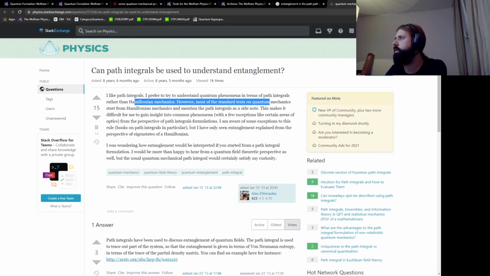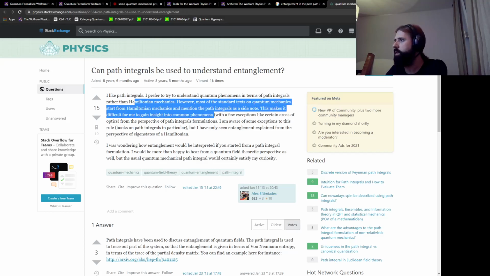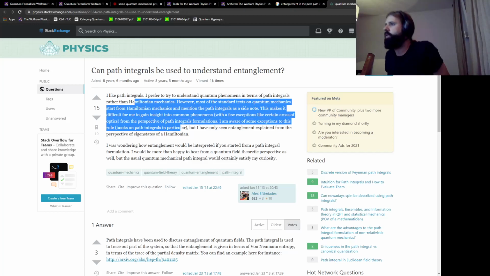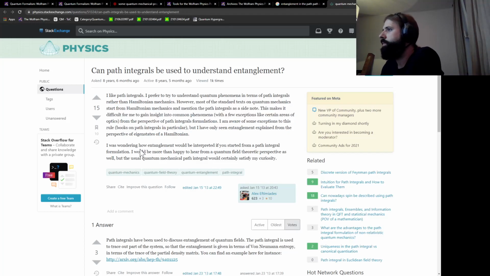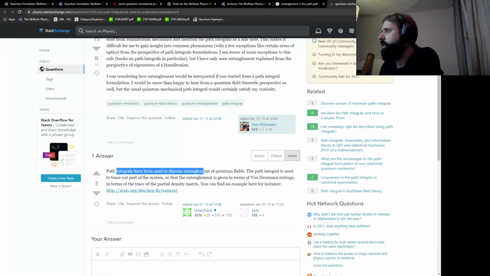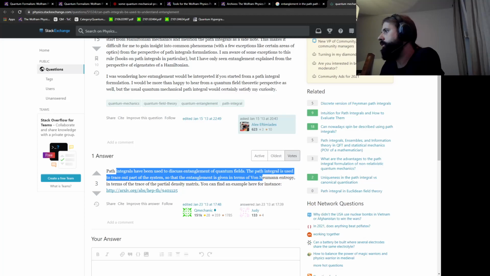However, most of the standard texts make it feasible for me to gain insights into common phenomena, with a few exceptions like certain areas of optics from the perspective of path integral formulations. So path integrals have been used to discuss entanglement in quantum fields. The path integral is used to trace out part of the system, so that the entanglement is given in terms of von Neumann entropy, in terms of the trace of the partial density matrix. You can find an example here, for instance.